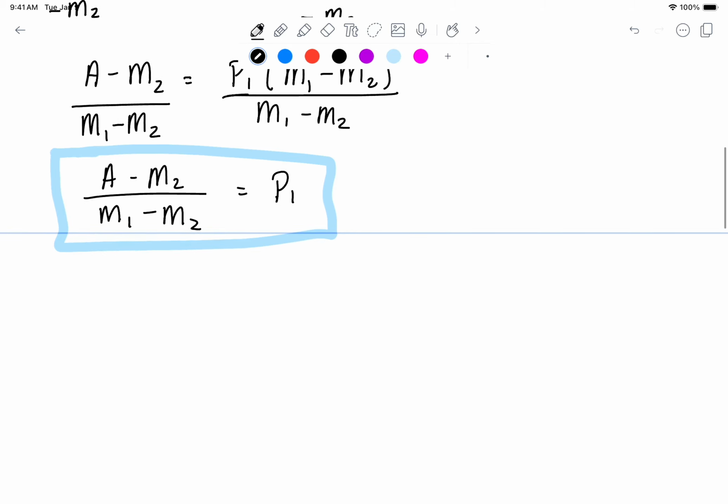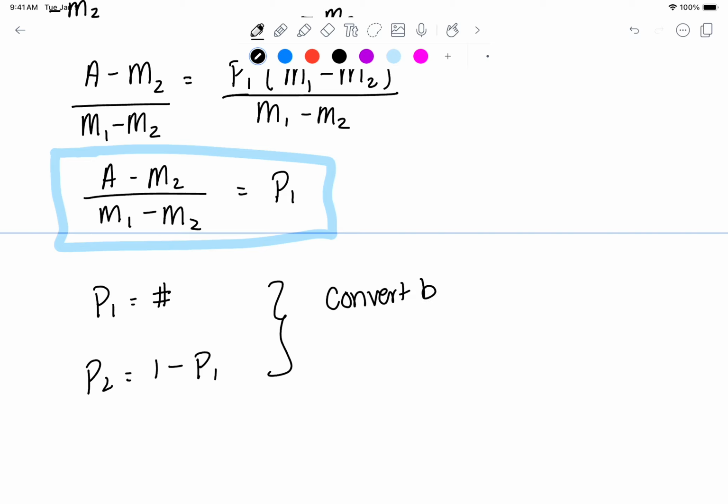So now once we have P1, if P1 is given a value, we can solve for P2 because we know that P2 is equal to 1 minus P1. And that will give us P2. And then we just have to remember to convert back to percentages for our final answer.